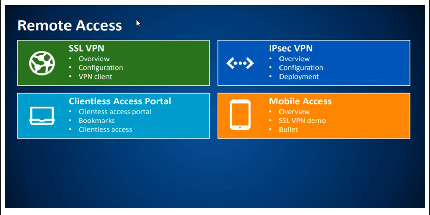We'll also look into the clientless access portal, clientless access portal bookmarks, and clientless access. With clientless access, we don't have to install any VPN client, and we can give access to some of the services which are available in the web browser.